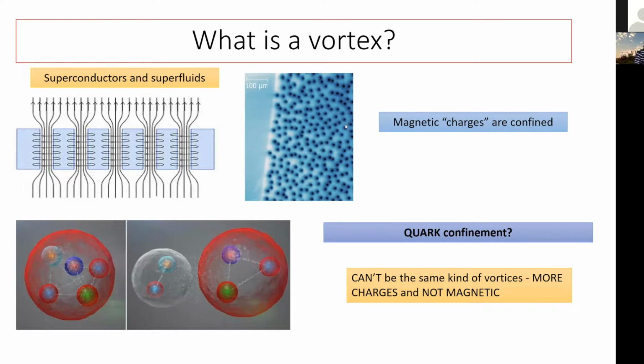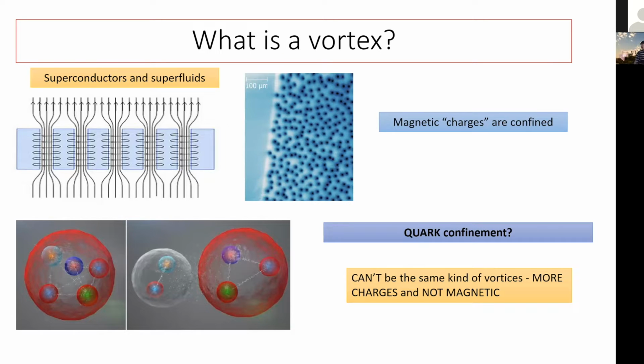And of course, a similar phenomenon happens in superconductors, which have nothing to do with quark confinement. In superconducting materials, we know that magnetic charges confine thanks to the formation of vortices, which we know perfectly well confine magnetic charges in these sort of materials.